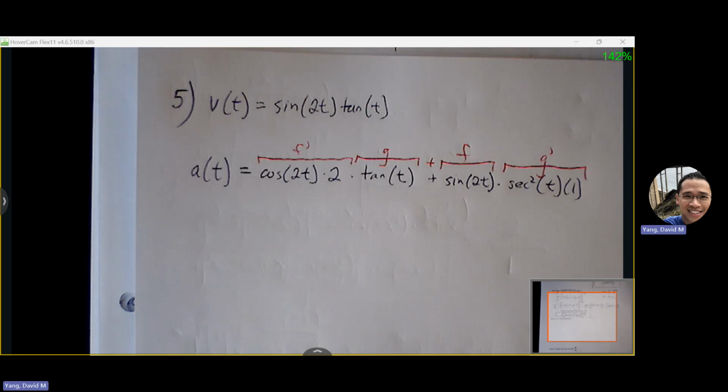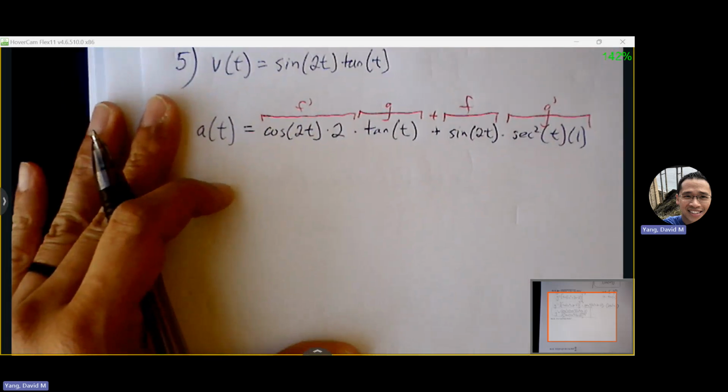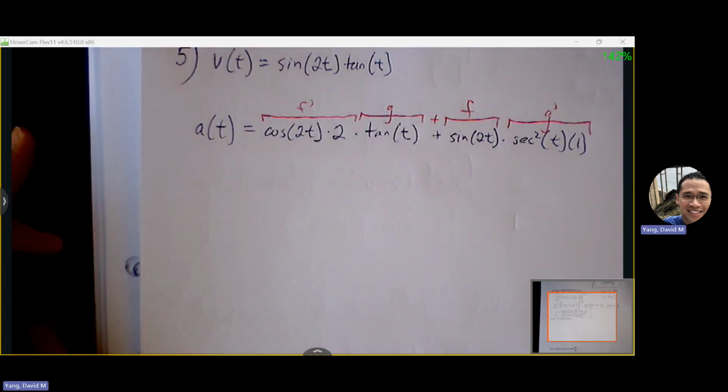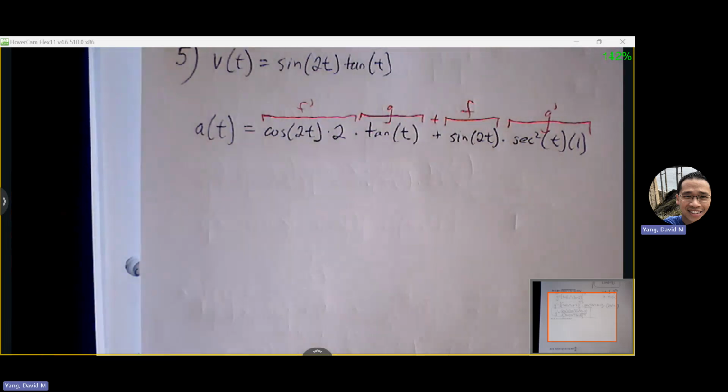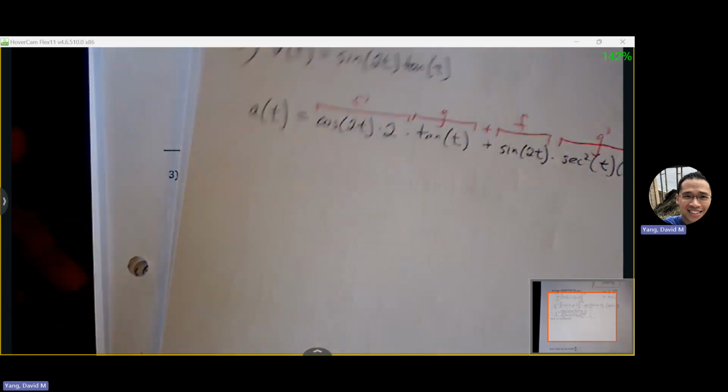And now find the acceleration at t equals pi. So now we'll replace every t with pi and use our unit circle values to get it down to numeric representation.